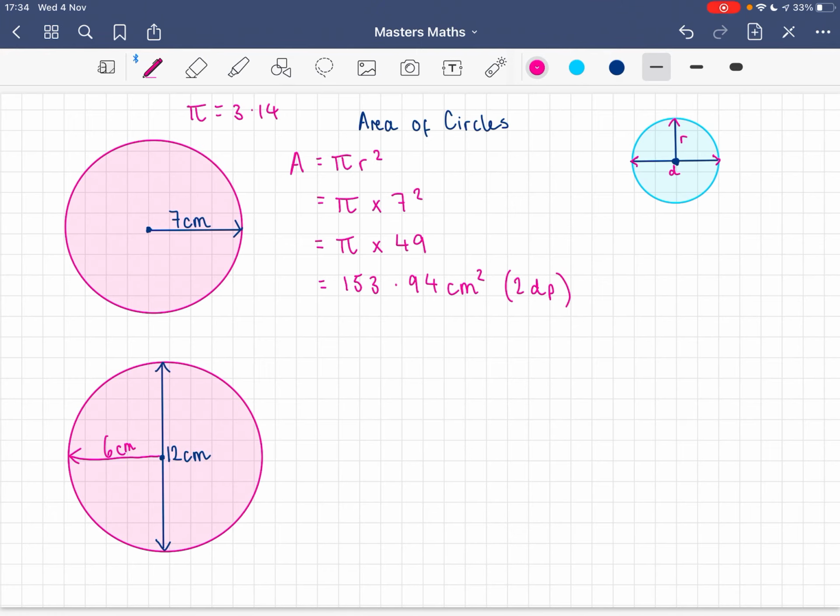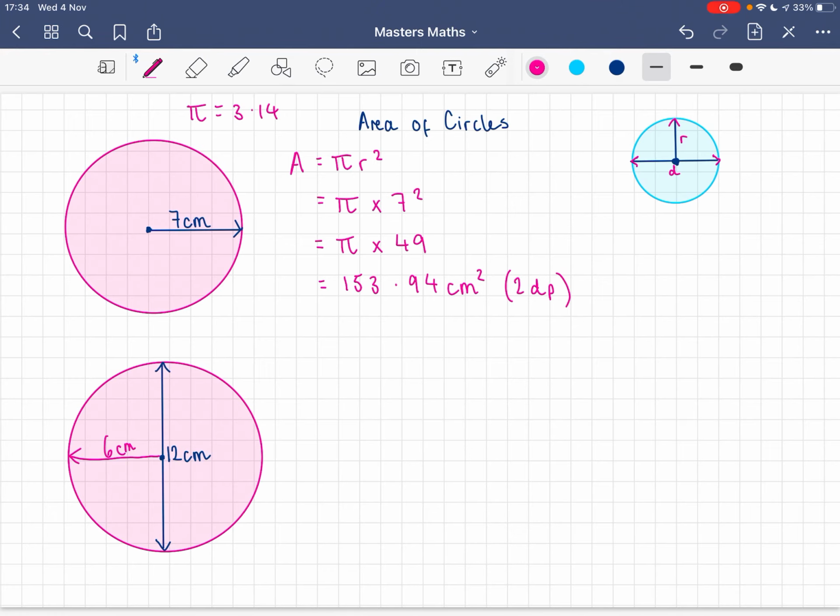So we have pi multiplied by 6 squared, which means it's pi times 36. 6 times 6 is 36, which gives us pi times 36 is 113.0973355. Now again, I'm going to round it to 2 decimal places, which is because the 7 would round the 9 up to 10, gives you 113.10.